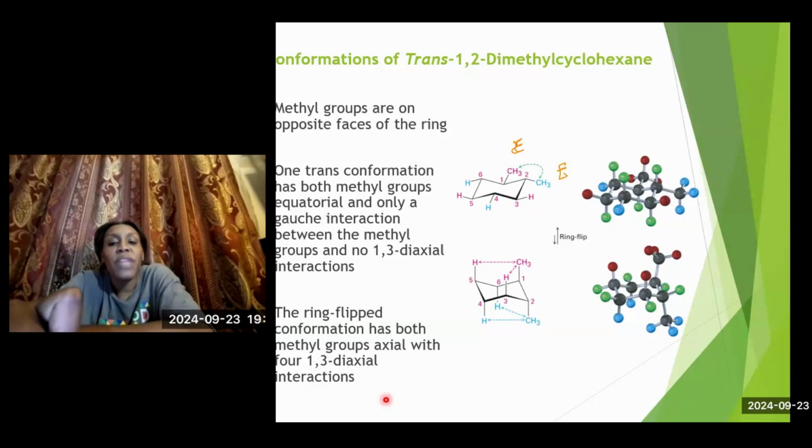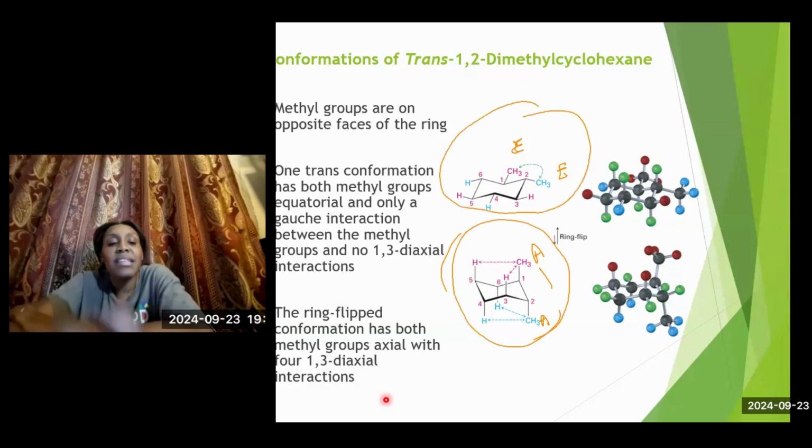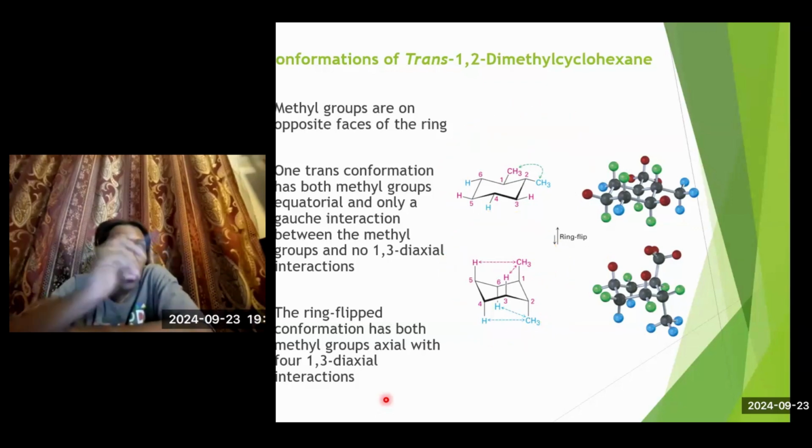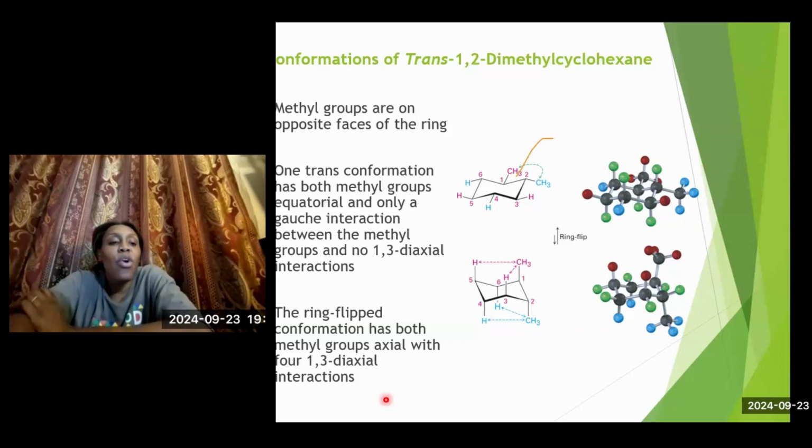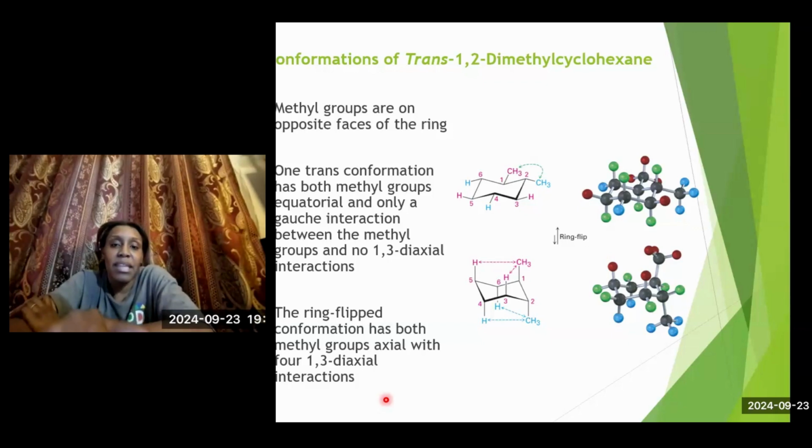However, when there's a ring flip, they're both axial, and so they're both going to give strain. This is going to be a lot of strain. Because they're not equal, it's either no strain or a lot of strain, so the diequatorial conformation with only the gauche interaction is going to be more stable than the ring-flipped one. Because of that, it's going to exist mainly in this conformation here.